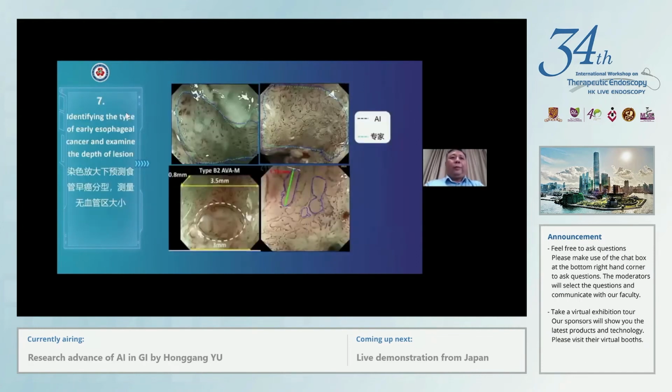We also developed a function to identify the type of early esophageal cancer and examine the depth of the lesion. All these functions are based on the AB classification from Japan.